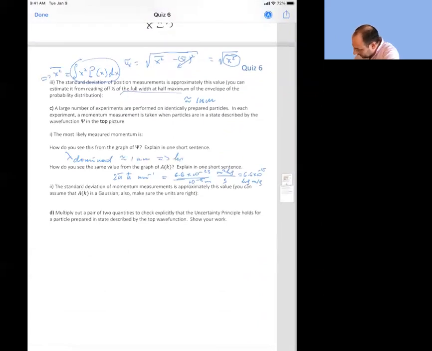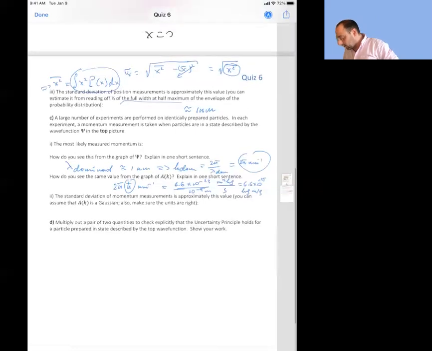So k dominant is 2 pi over the wavelength dominant, which equals 2 pi per nanometer. That's the dominant wave number. And to convert it to momentum, again, I multiply it by h bar. So 2 pi per nanometer times h bar, and I will calculate the same number.